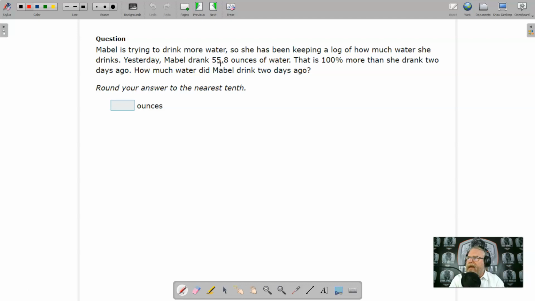Yesterday, Mabel drank 55.8 ounces of water. That's 100% more than she drank 2 days ago. How much water did she drink 2 days ago? So this is the original amount, and we're going to call that X. The new amount is here, the 55.8. It is an increase, so we're going to have to add 100%, then add the increase, which is another 100%.